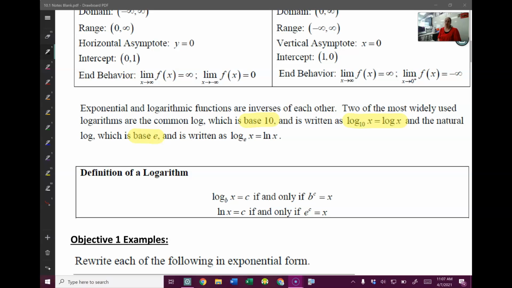E is a number that goes on forever. And it actually turned up a lot in nature. So like biologists and those kinds of scientists who work with nature noticed that this number kept coming up over and over. And that number is 2.718281828, and it just goes on forever.